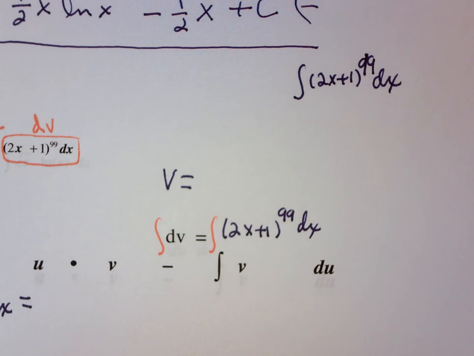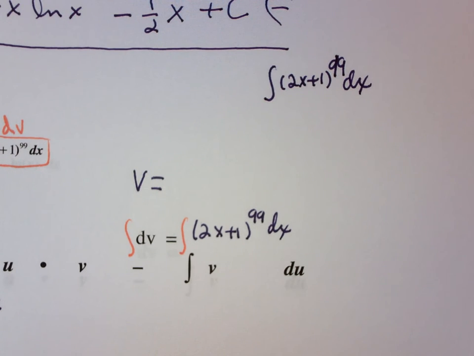So as long as you know that your A and B is the same thing as U and V, you can change the letters all you like. That's not the big part. You could change the letters of the U sub as well.